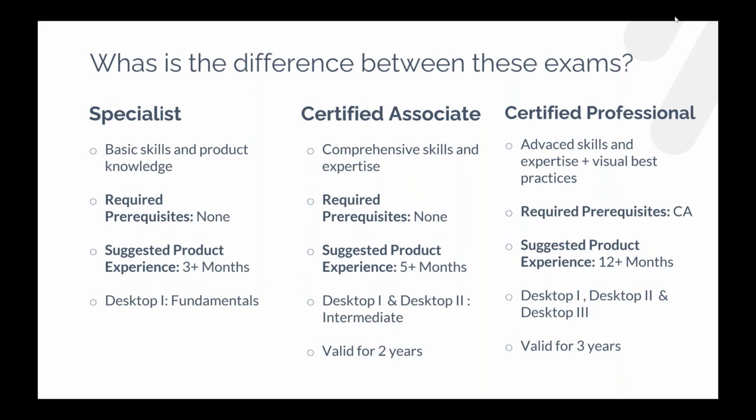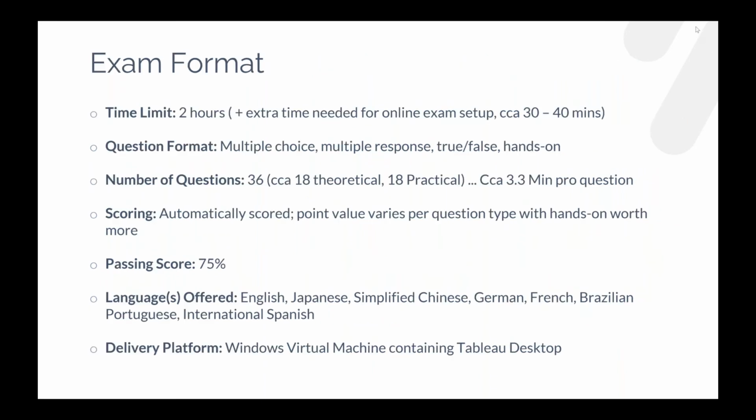Right, so moving forward, I would like to talk a little bit about the exam format of the certified associate. For this one, you are going to have 2 hours to solve the questions. However, it is always good to plan a little extra time, around 30-40 minutes, maybe a bit more.